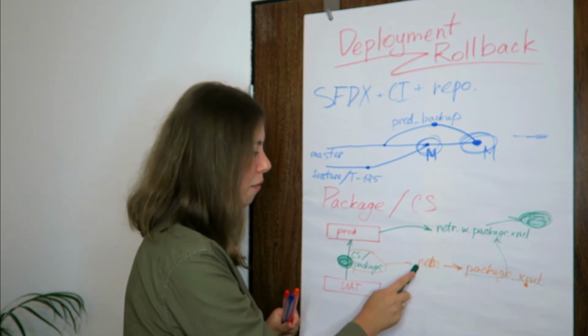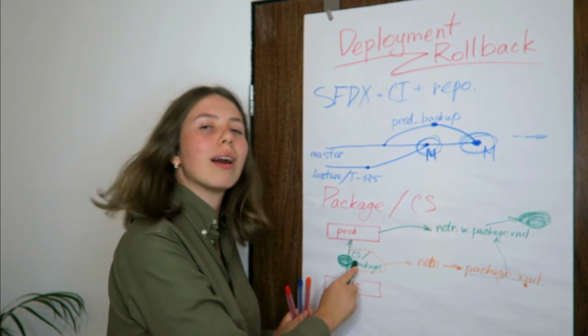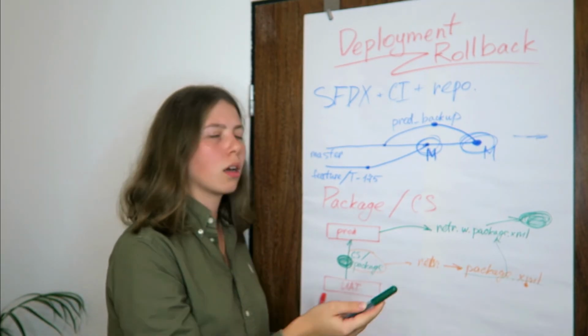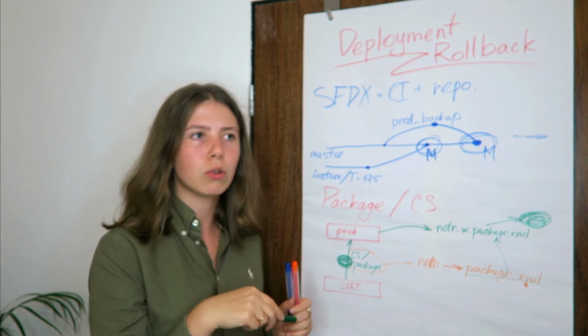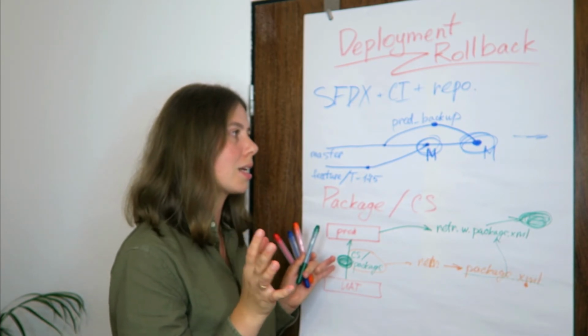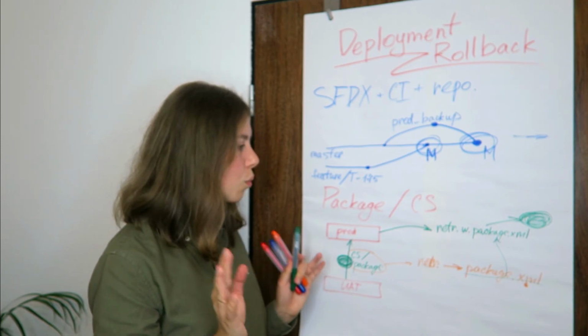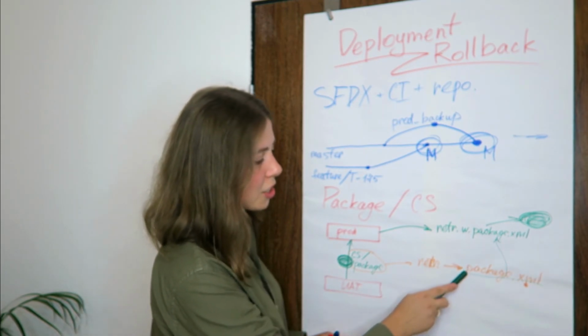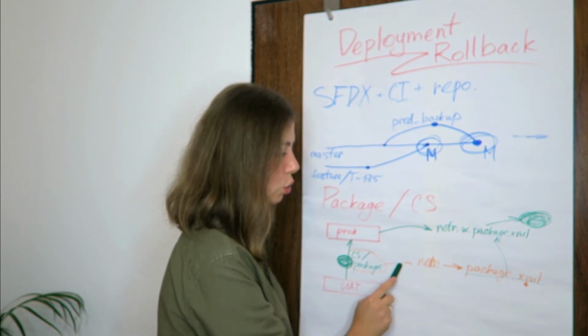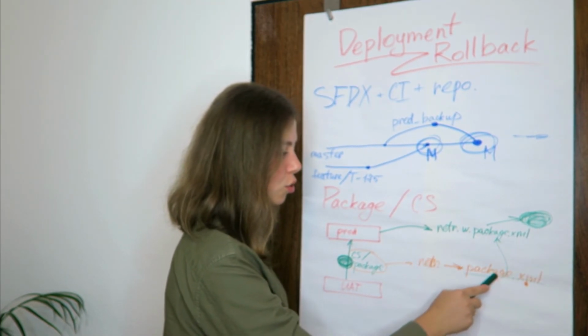Another thing: if you have some destructive changes in this package, like we also had a look at in the previous video, so if you are deleting some Apex classes, objects, fields, and whatever, additionally list them in the package.xml which you would have after the retrieve.